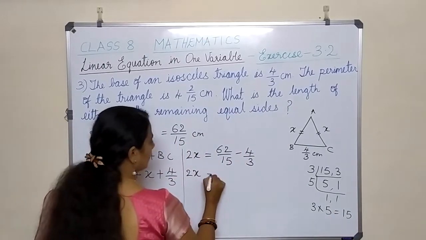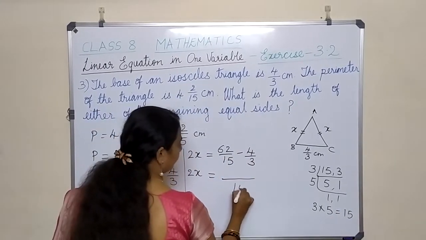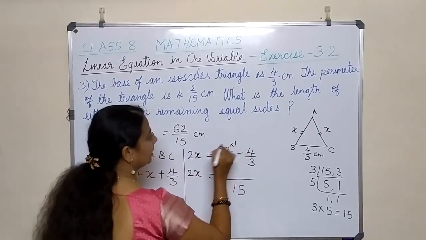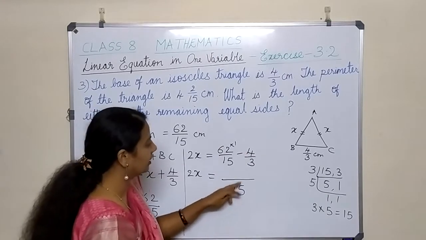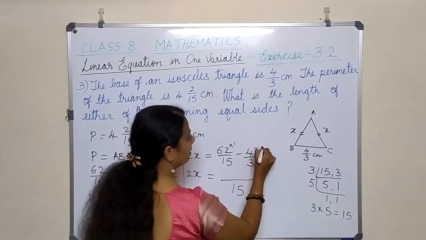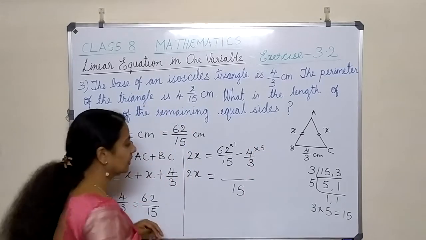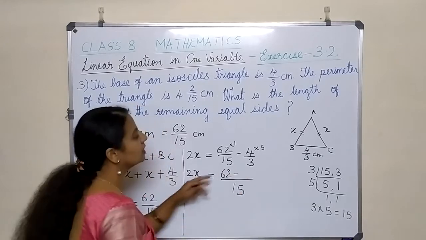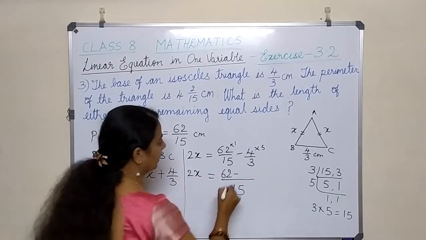How many times does 15 go in 15? 1 time, so multiply this by 1. Now how many times does 3 go in 15? 5 times, so multiply this numerator 4 by 5. So 62 ones are 62 minus 4 fives are 20.